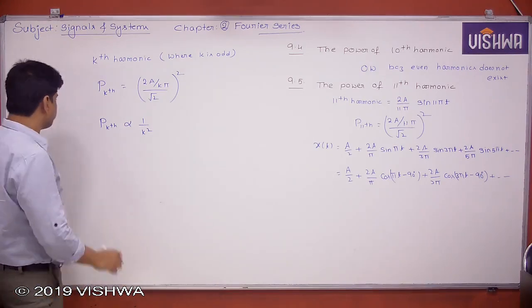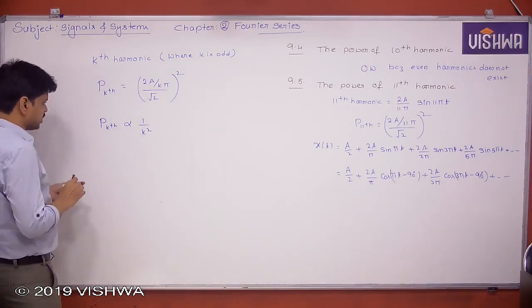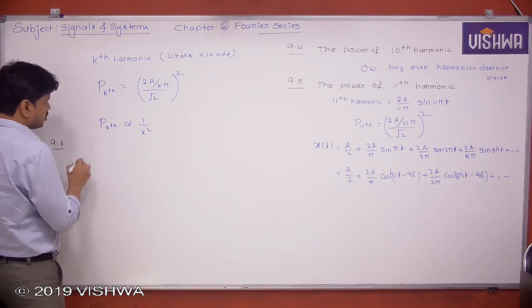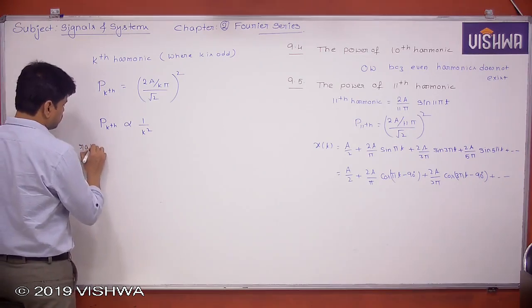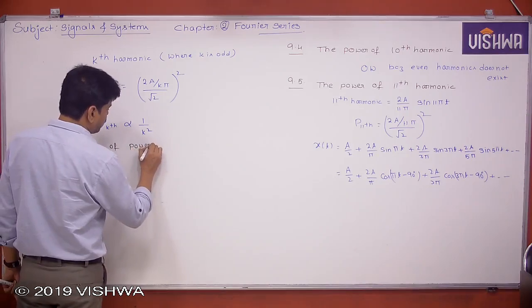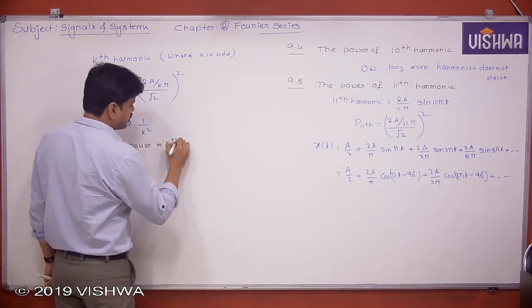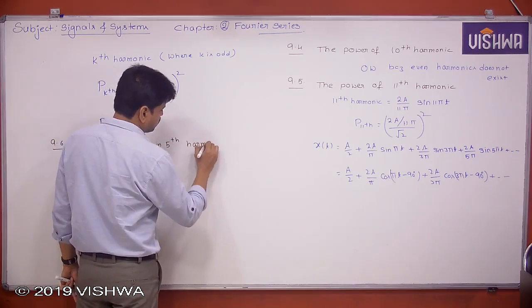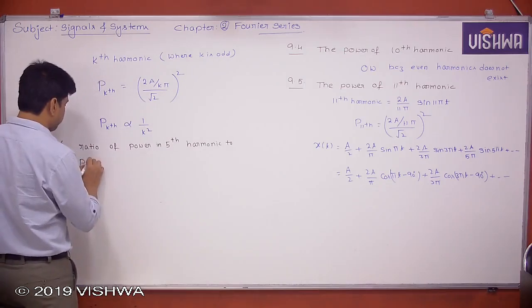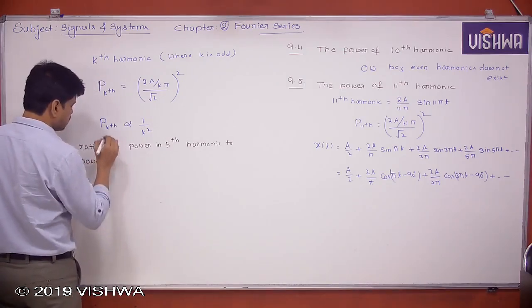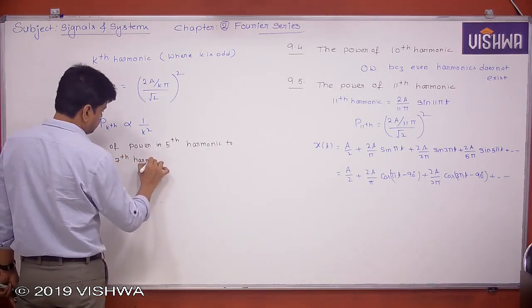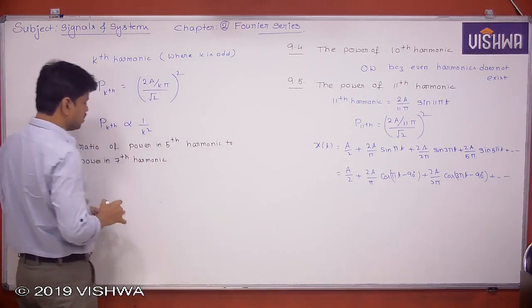If I ask a question, let's say 9.6: the ratio of power in the fifth harmonic to power in the seventh harmonic.